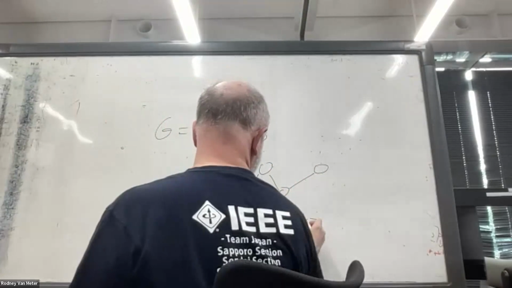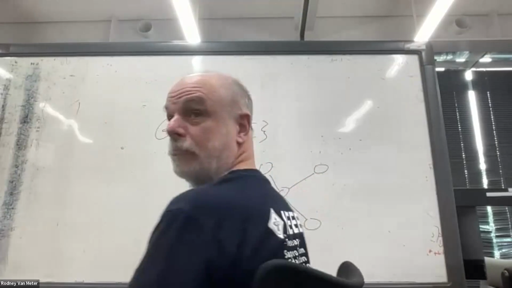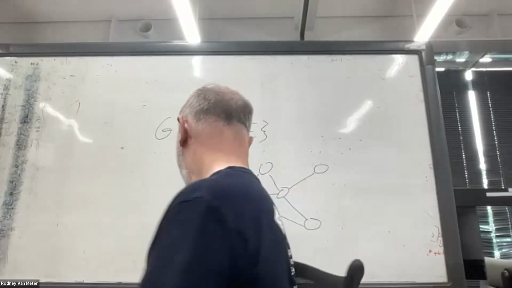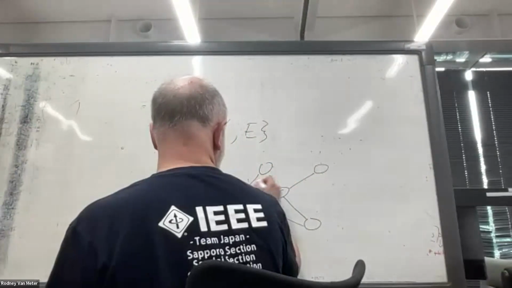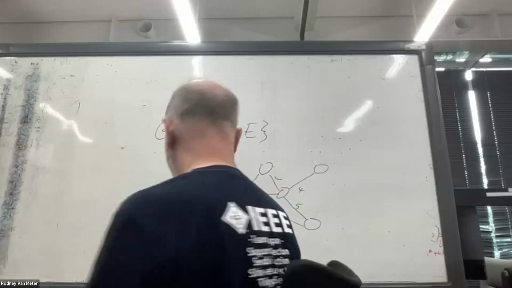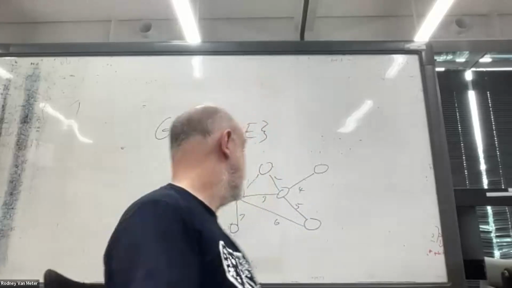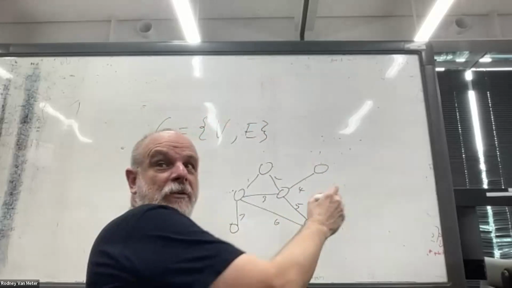Yep. Is that all of them? Yeah, that's all of them. So at the moment we have 1, 2, 3, 4, 5, 6, 7 edges, and we have 6 vertices.